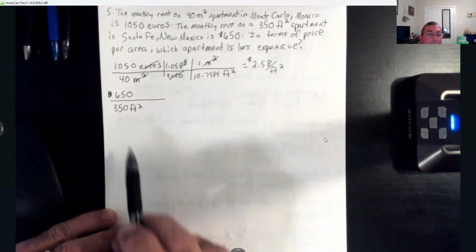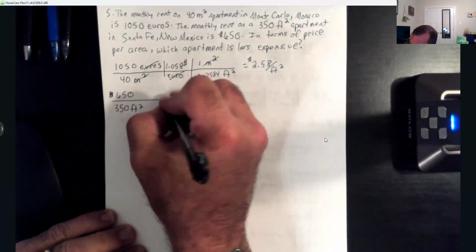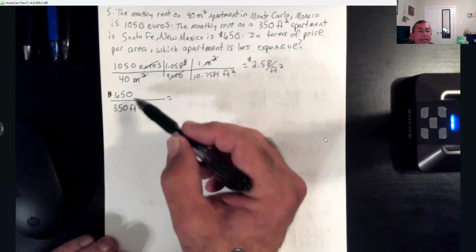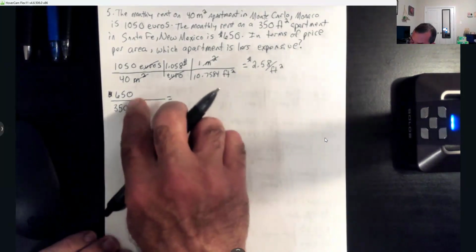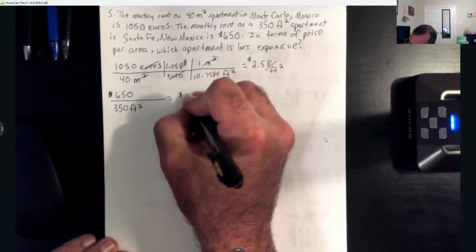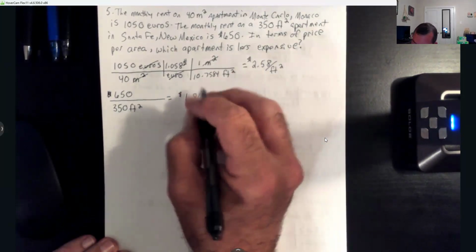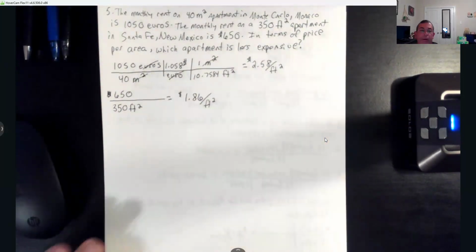All right, y'all notice it's already in dollars per square foot. So all we basically have to do to this one is divide and see what we're paying per square foot. So if we divide that, we end up with $1.86 per square foot.